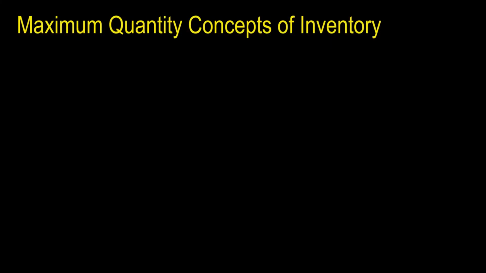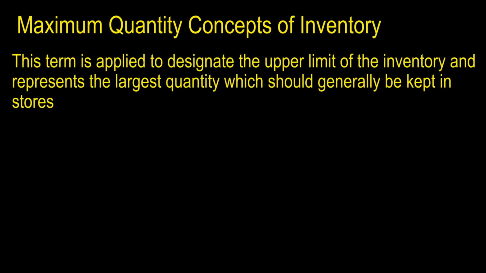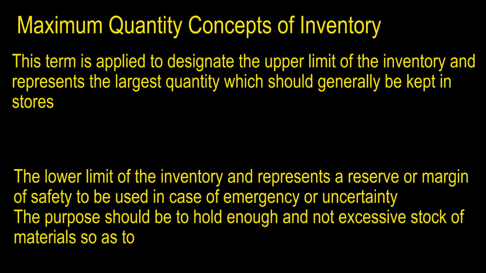First is the maximum quantity or inventory. This term designates the upper limit of inventory and represents the largest quantity which should generally be kept in stores. The second is the minimum quantity, the lower limit of the inventory, which represents a reserve or margin of safety to be used in case of emergency or uncertainty.